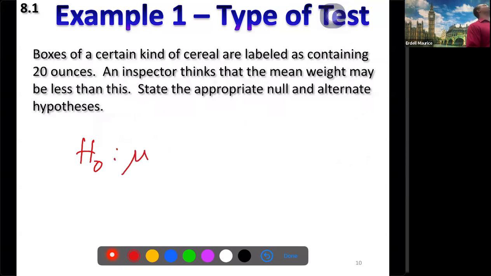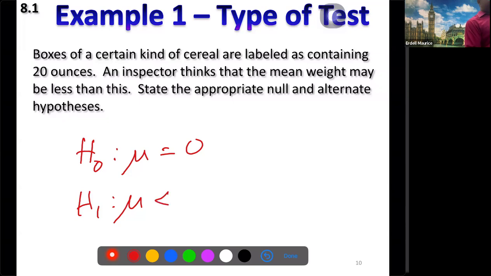Mu will be, what's my H0? Equals 20. Let's do the hard one now. What's about my H1? Mu is... I have several people saying the answer so softly to themselves that I can't hear. I'm an old person, people. It's going to be less than 20.